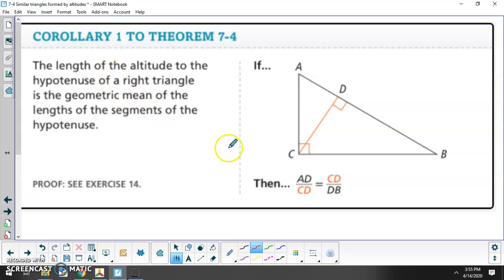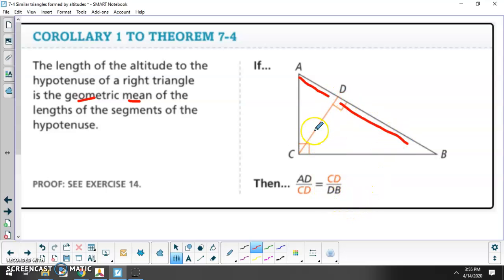But before that, the corollary talks about the geometric mean. The length of the altitude compared to the hypotenuse is the geometric mean of the lengths of the segments of the hypotenuse. So when it says segments of the hypotenuse, it's talking about AD and DB, okay?